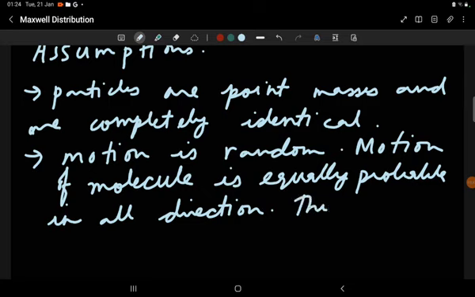This type of situation is called an isotropic situation.